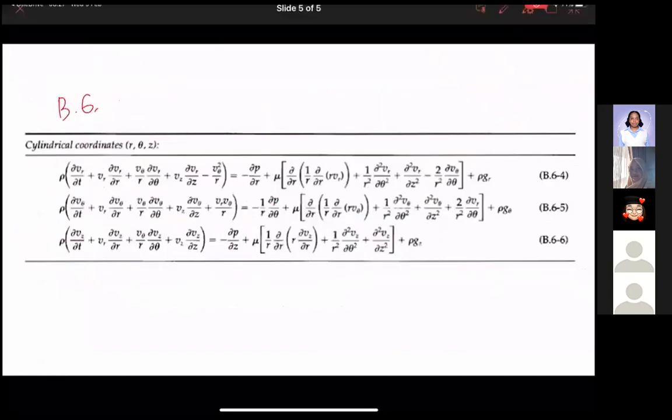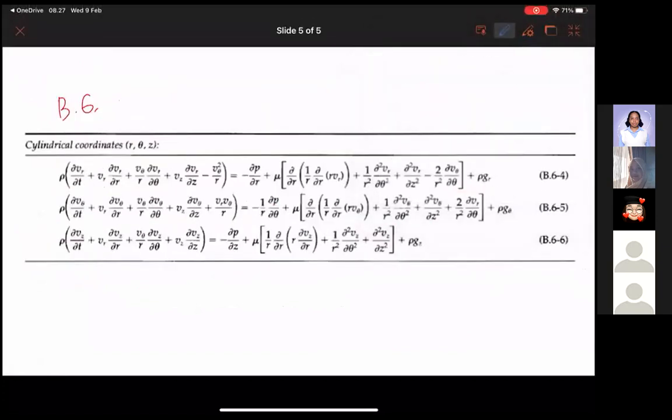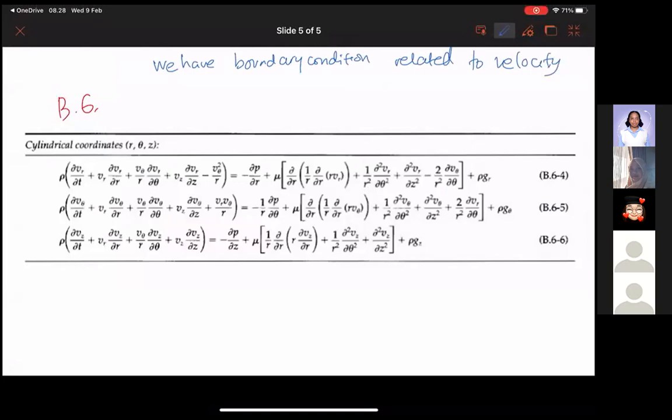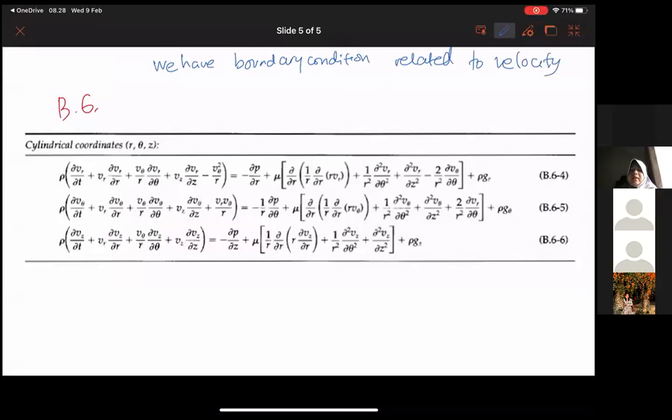Use this one, because we have boundary conditions related to velocity. Because we have boundary conditions related to the velocity, it is better if we use B6, the equation of motion related with the velocity.